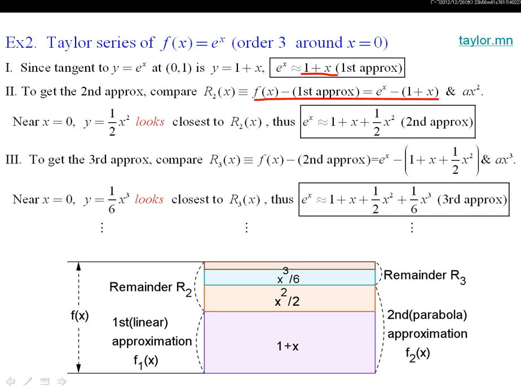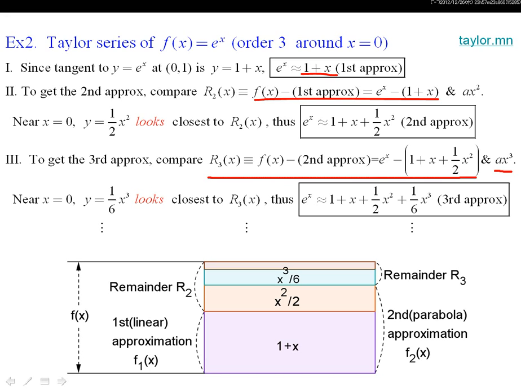So let's review. So we get the second approximation, and to get the third approximation, we subtract the second approximation from f(x), which is this one, third residue R3(x), and we compare this R3(x) with ax cubed, and by our eyes, y = 1/6 x cubed looks closest to R3(x).